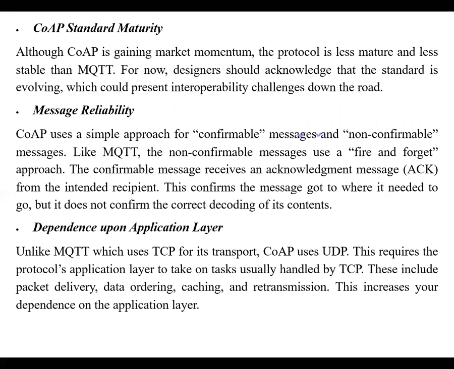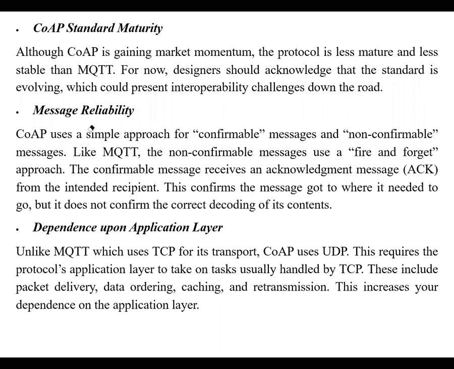Message reliability. COAP uses a simple approach of confirmable and non-confirmable messages. Message reliability depends on these techniques, but it doesn't confirm the correct decoding of the contents. And dependence upon the application layer, unlike MQTT, which uses TCP. COAP uses UDP, which requires the application to take on tasks usually handled by TCP.